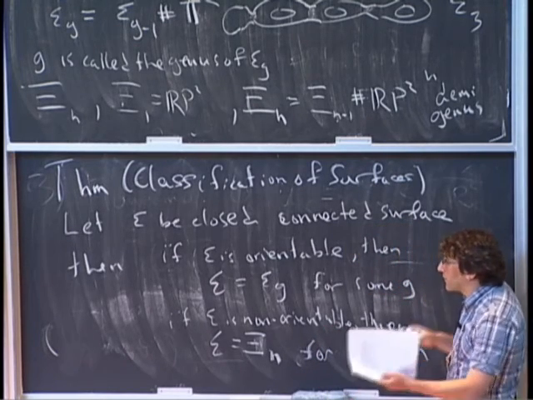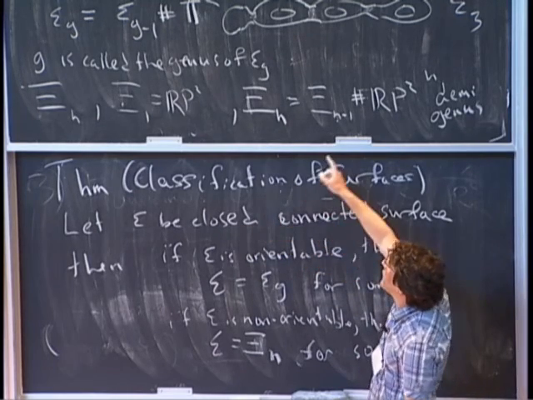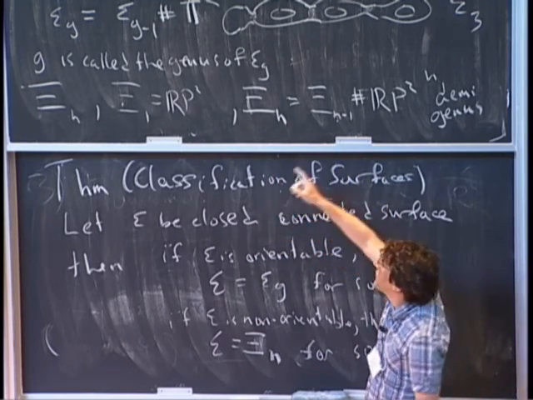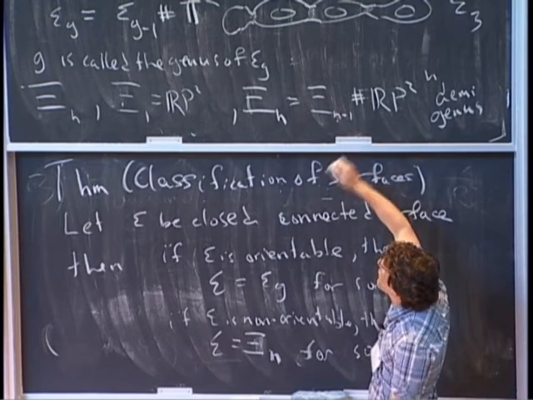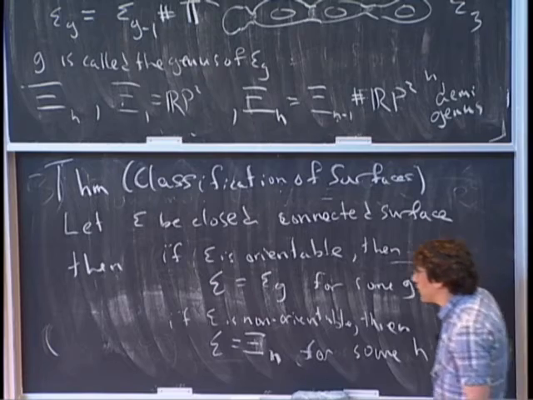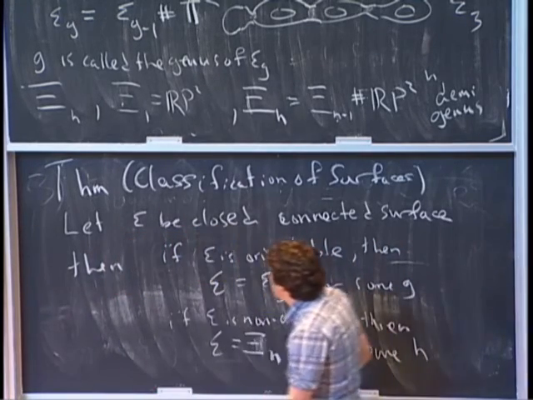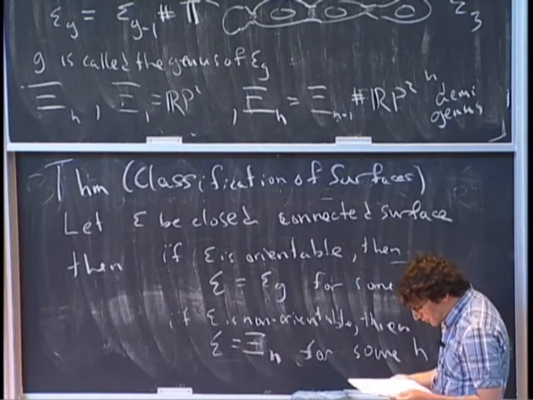Or you can imagine taking an infinite sequence of connect sums. You can construct surfaces with infinite genus, and it's a bit tricky to specify all of those. So that's why we restrict attention to the closed case.